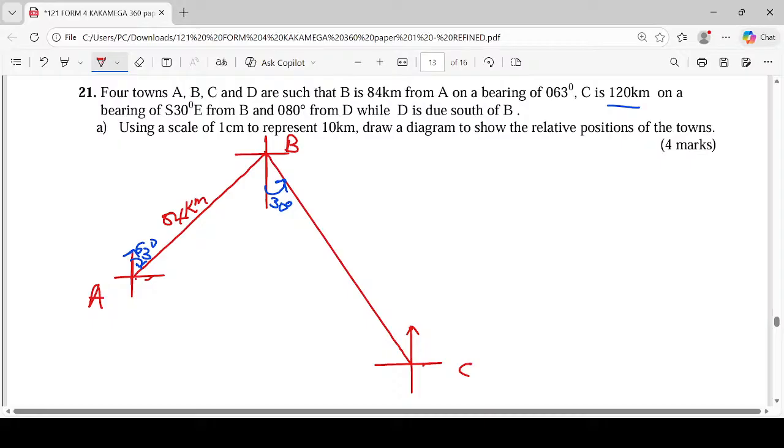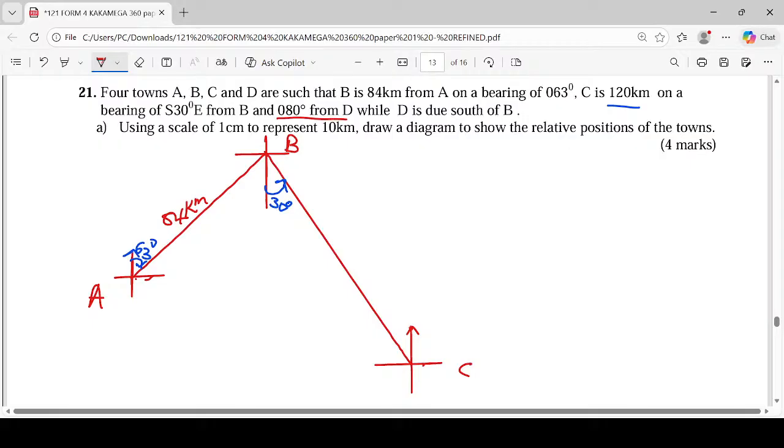Then they say, and 80 degrees from D. When they say 80 degrees from D, that is now where the tricky part comes from. While D is due south of B. Now let's analyze this. 80 degrees from D. Remember the concept of alternate angles.